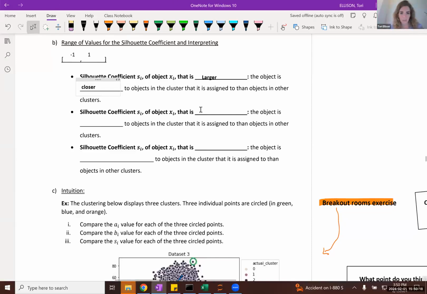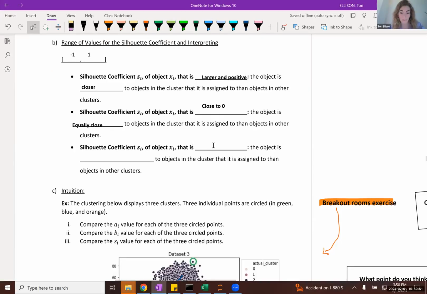And similarly, when the silhouette score of a given observation is close to 0, roughly what that means is the object is about equally close to objects in the cluster that it is assigned to and objects in some other cluster that it was not assigned to.